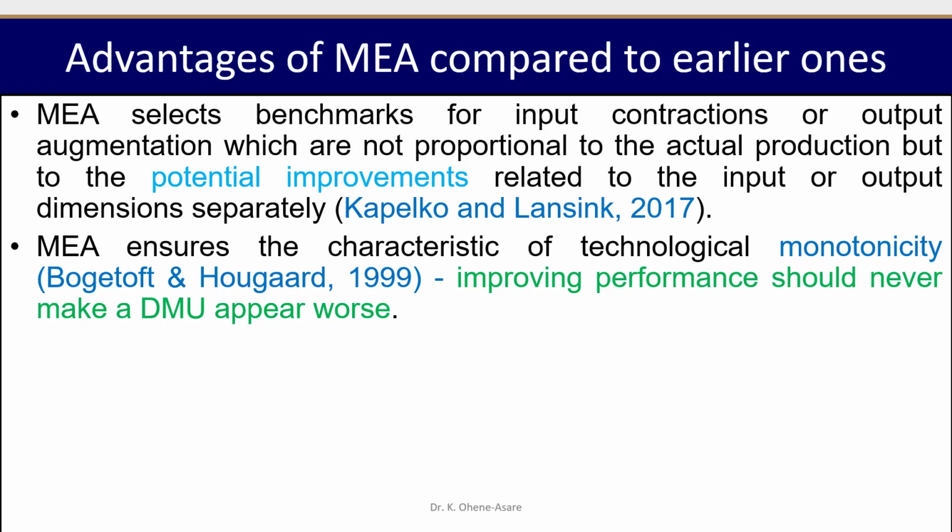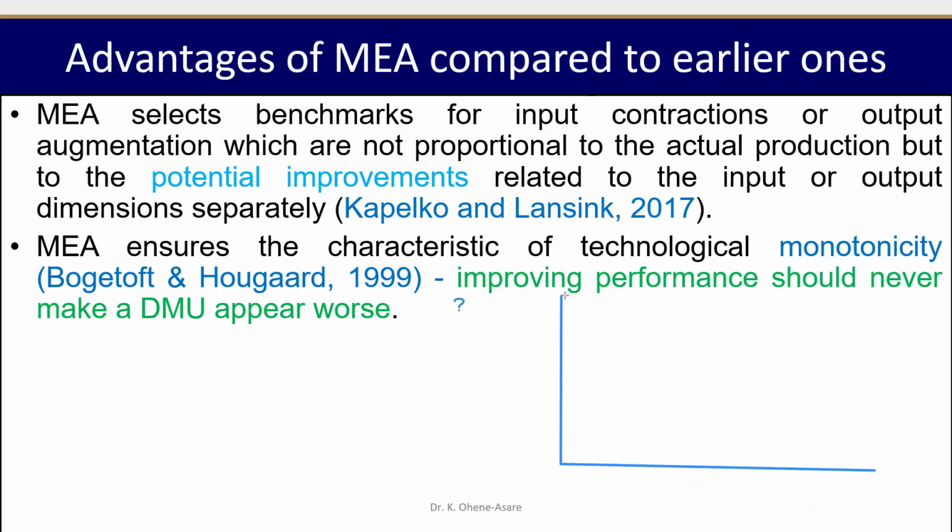Now, DEA's radial nature can sometimes cause problems, depending on where it's going, because if it goes towards the free disposable section, radial can take you there. Let me explain what I mean by radial can take you there. When you take this one here, this is radial.